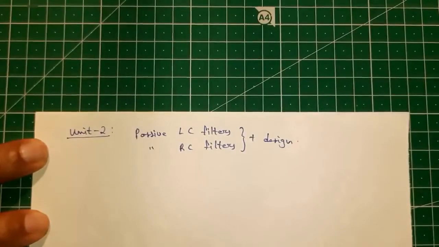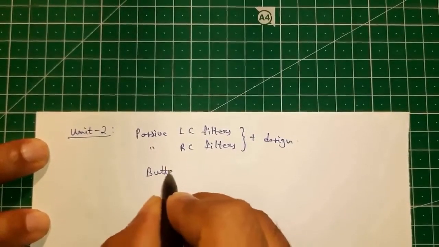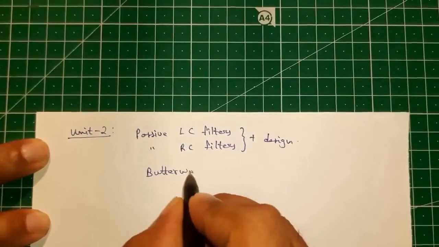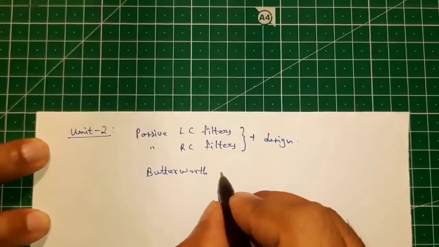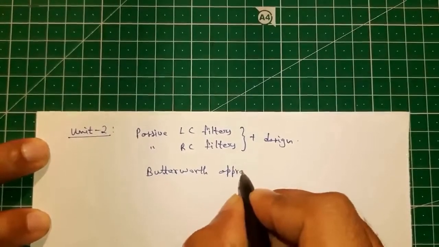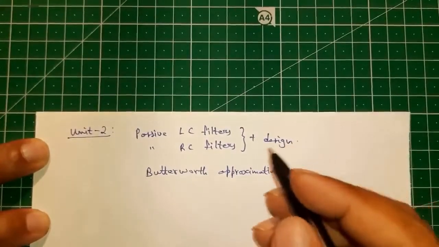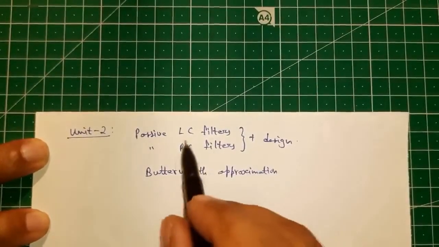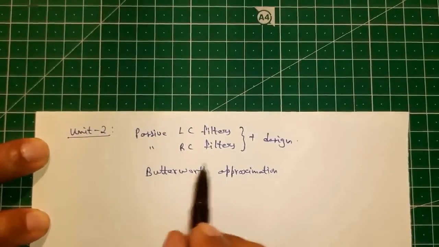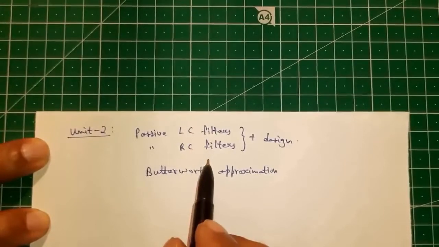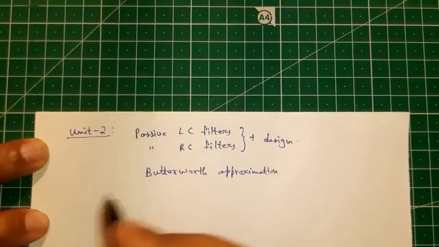Also, we'll be seeing some approximations such as Butterworth approximation, so we'll be discussing basically the drawbacks of these filters, then how we can overcome those drawbacks by these approximations.